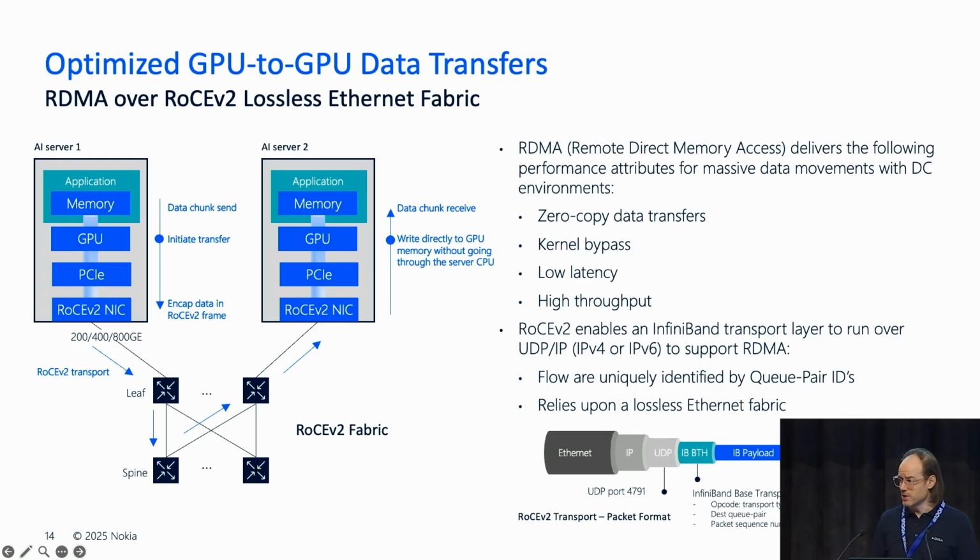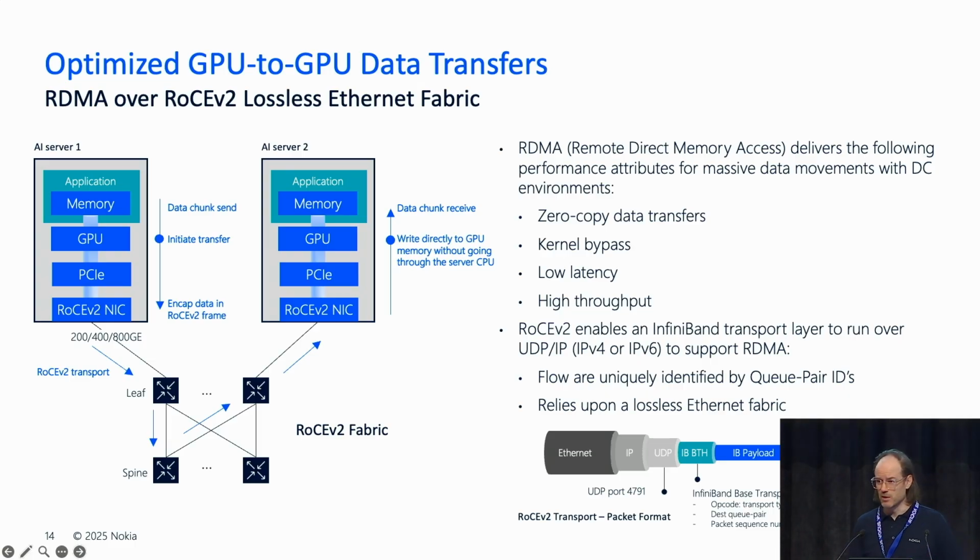This is really the central workload that's running in these GPU and storage networks. The important thing about RDMA is it facilitates low latency, high throughput transfers over the network between GPUs with low CPU overhead. There are two key attributes that enable this: zero-copy data transfers and kernel bypass.